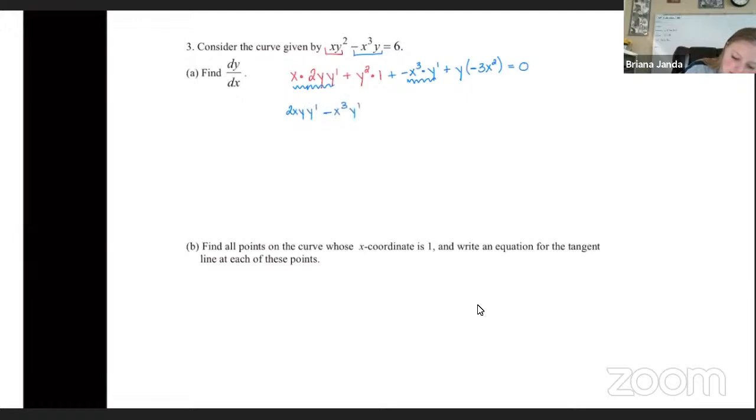Anything that does not have a y prime, which we'd be looking at here and here, we're going to move to the other side of the equation. So I'm going to add the 3x squared y and subtract the y squared to move it to the other side. And then we come back over here and we factor out our GCF of y prime.